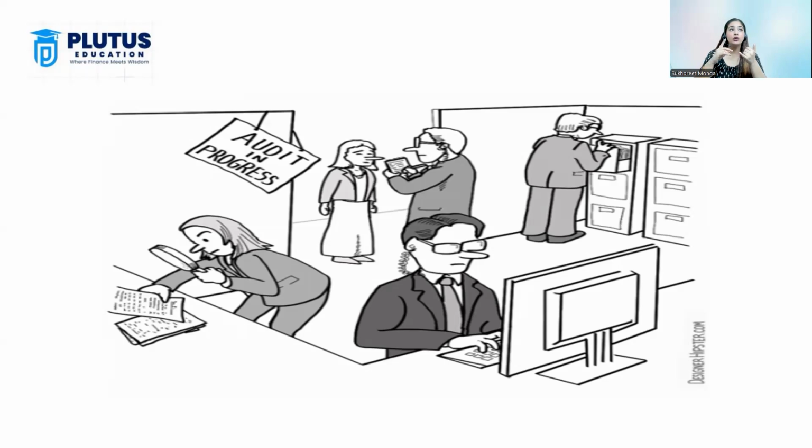So auditor will be going for every possible way, right? That includes inspection, right? Calculations, recalculations, recomputations, analytical procedures, observations, reperformances, inquiries, external confirmation. So they're doing everything.